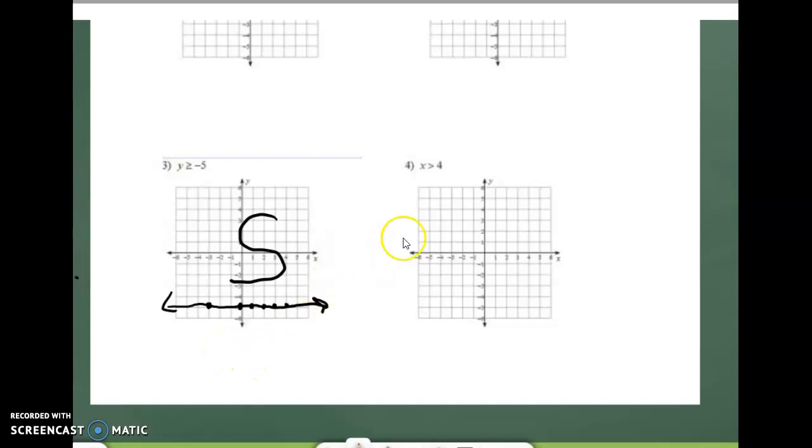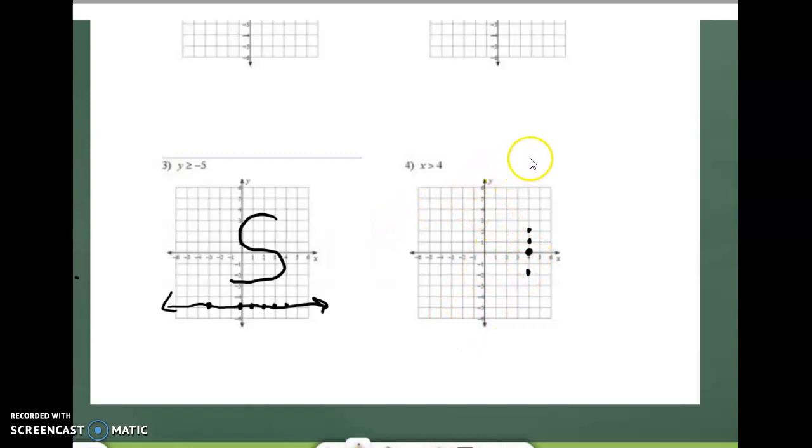Now the last one. X is greater than 4. Well, I have 1 point, don't I? I have 4. Now the only way this line's going to go is up and down, right? So if you look at this, what is that? That's 4, 1, 4, 2, right? 4, -2. So X is always going to be 4.